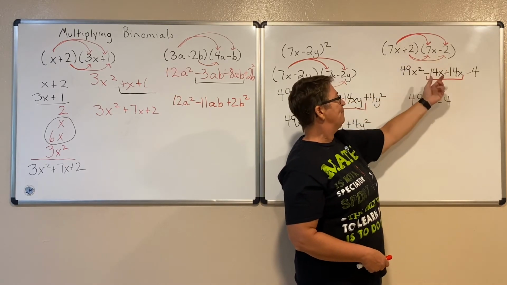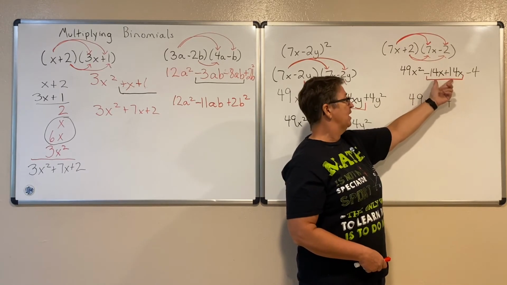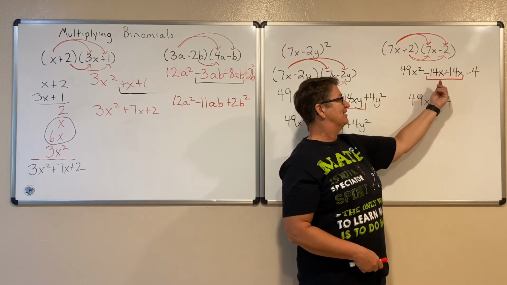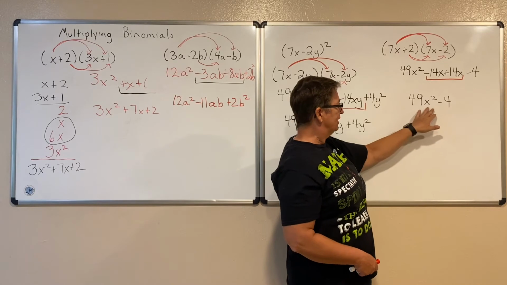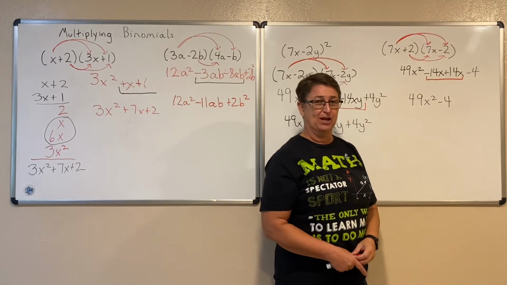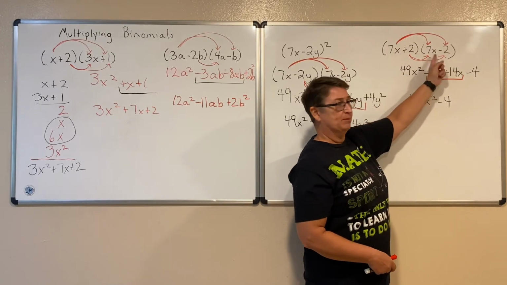Because when that happens, these 2 middle terms will be the same, but with different signs. And so it'll make them add to 0. So the only time you should end up with 2 terms after multiplying a binomial times a binomial is if they're identical except for the sign in the middle.